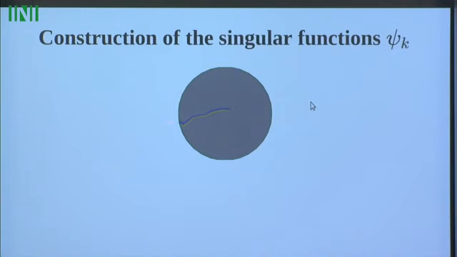So on one side of the line it's equal to 1/2, and on the other side of the line it's minus 1/2. So you have a jump equal to 1 along this path, but it's not a problem because the values of psi are in R quotiented by Z. And moreover, it's antisymmetric.